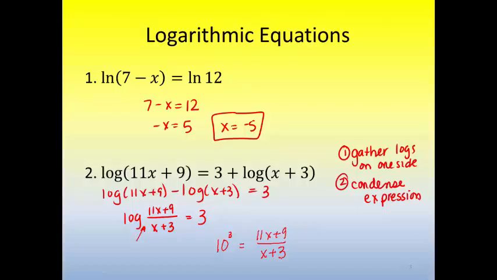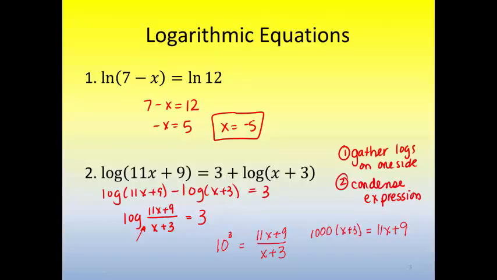We are going to be able to solve this using cross multiplication. So this is 1,000. So I will have 1,000 times x plus 3 equals 11x plus 9. And we're able to continue and solve this problem.